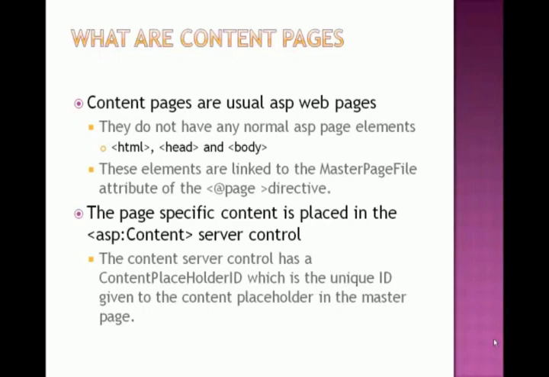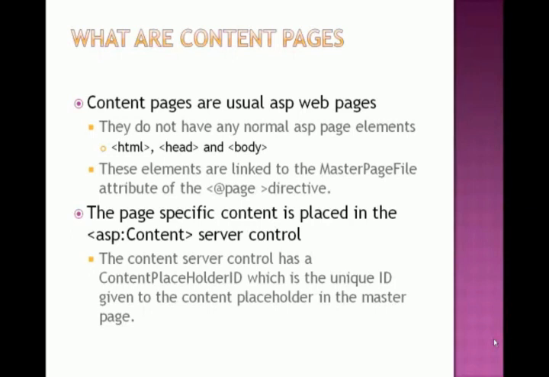So for example, if you create a content placeholder in your master page and call it main, in your home page, you could put an ASP Content and have its ContentPlaceHolderID equal main. That would mean that whatever you put between the opening and closing of this server control tag would be put inside the content placeholder called main from your master page, right?